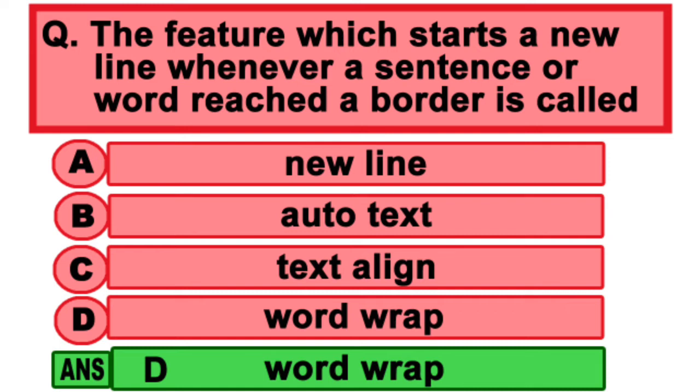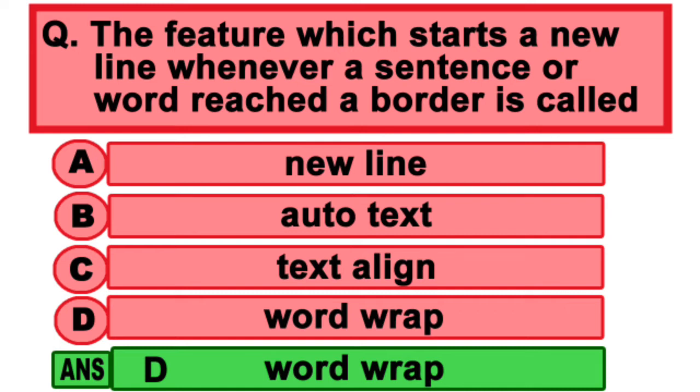The feature automatically transfers a word for which there is insufficient space from the end of one line of text to the beginning of the next. The three word wrapping options available in a word processor like Word are tight, square and through.